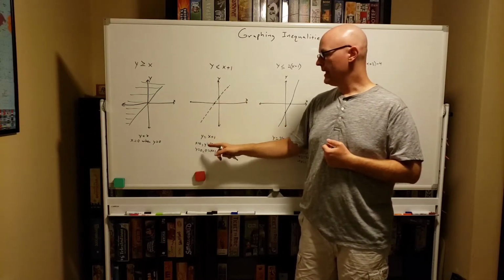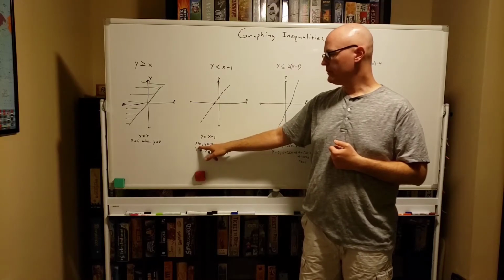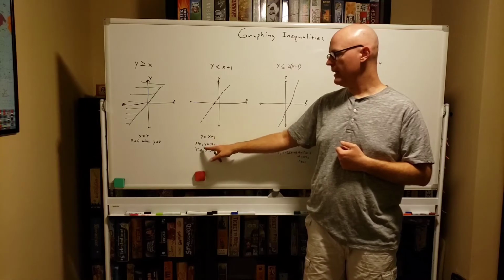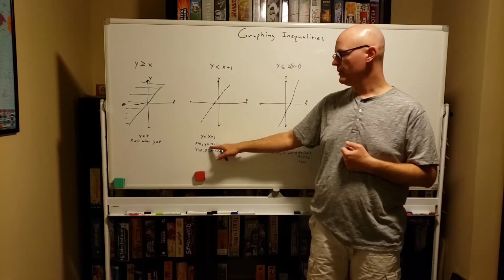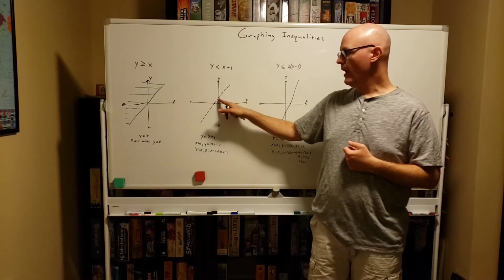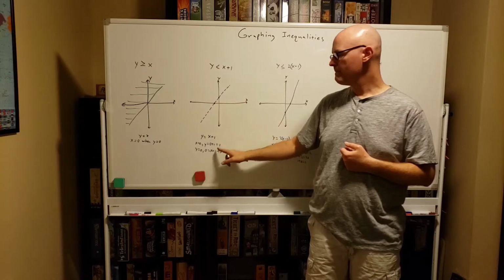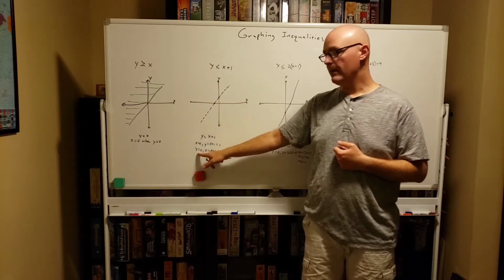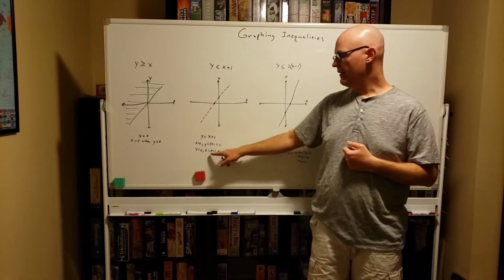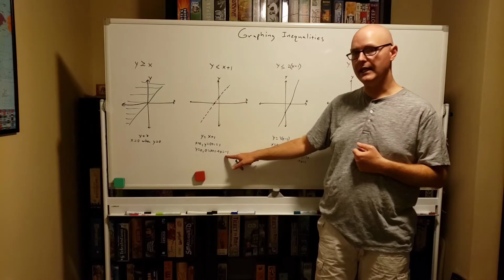What are our x and y intercepts? Well, if x were equal to 0, I plug in x equal to 0 into this equation and I end up with y is equal to 0 plus 1, or y is equal to 1. So y equal 1 is the intercept for this line. If y were equal to 0, then I'd have 0 is equal to x plus 1, which becomes x is equal to negative 1.